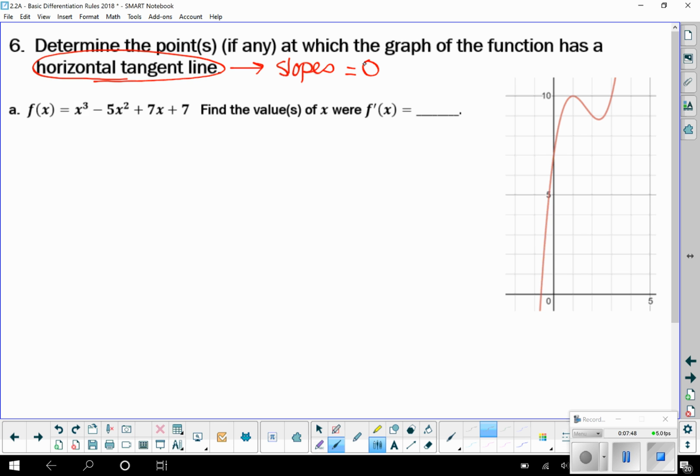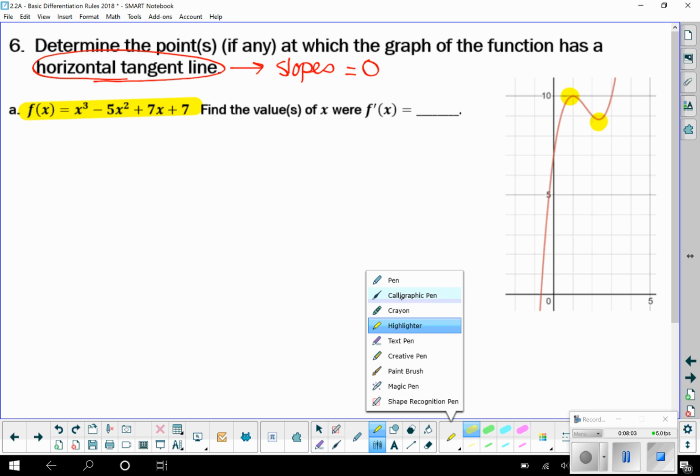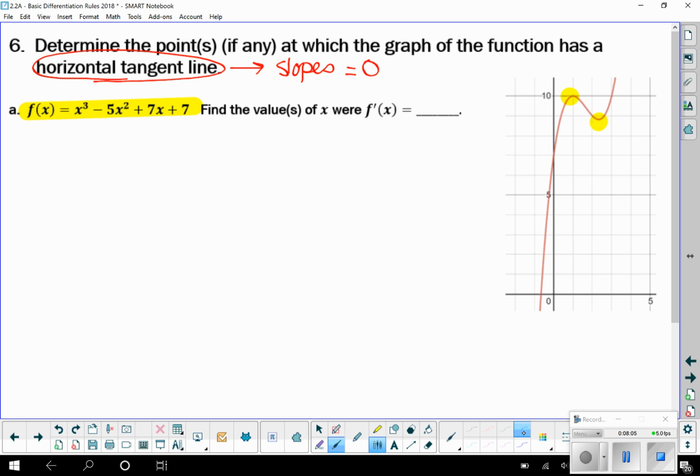When I look over at the right and I see this cubic equation, because I can see we're on a cubic, I can see 2 spots where I think it's going to have horizontal tangent lines. How about you? So let's draw those in. I would expect a horizontal tangent line there, and I'm expecting a horizontal tangent line at that value. Let's see if we can find them.